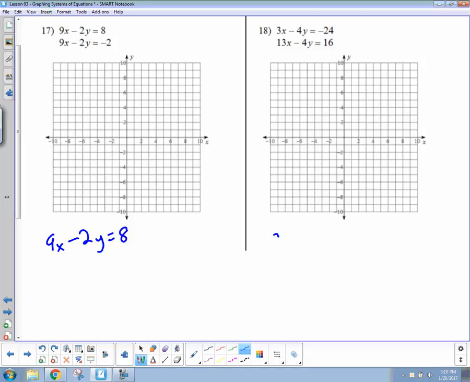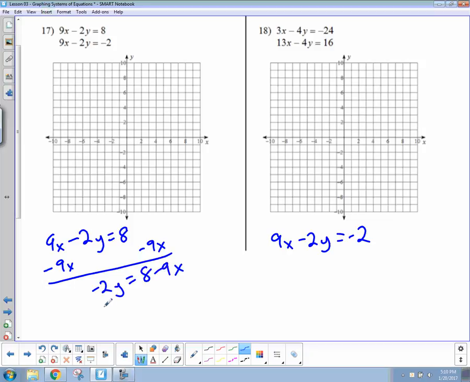So again, I'm solving. Minus 9x, draw my line, -2y equals 8 minus 9x. Divide by -2, divide by -2. Y equals 8 divided by -2 is a -4. Negative make a positive, 9/2x. Again, this one, subtract 9x from both sides, 9x.